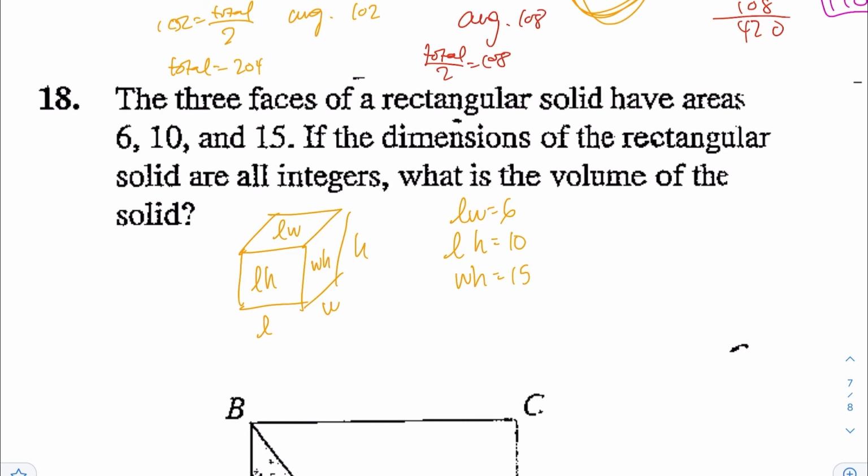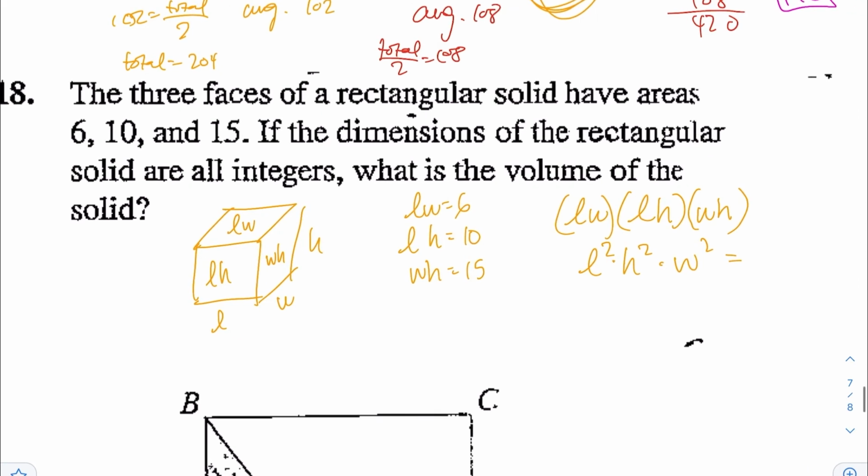But the trick here is if you take L, W, and H and you multiply all 3, that would be equal to L squared times H squared times W squared. And that's equal to 6 times 10 times 15, so this is going to be 900.